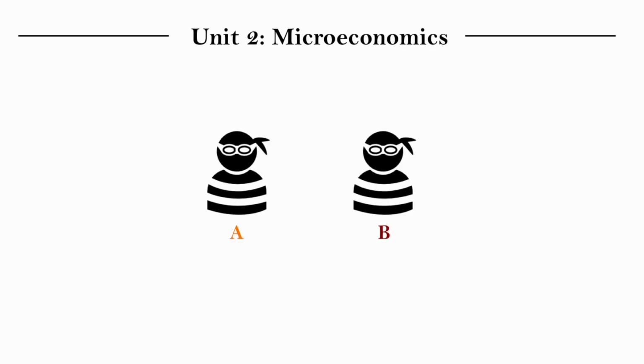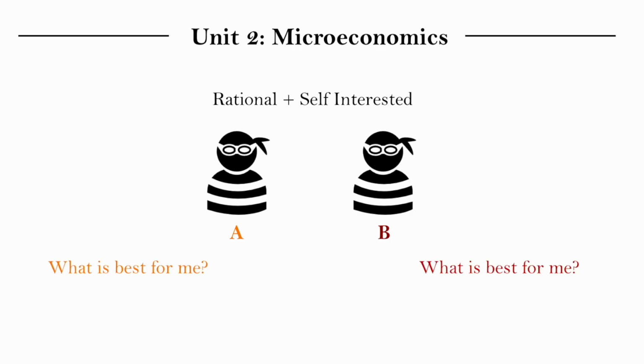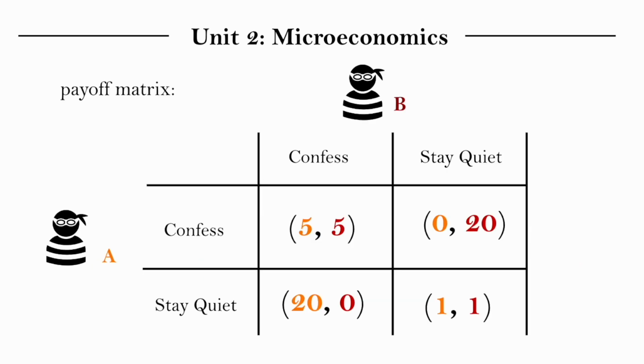Now let's take a look at what will happen. In economics, we assume individuals are rational and self-interested, meaning both A and B will make the decision that is best for themselves without being sure what the other person will do. So back to the matrix.